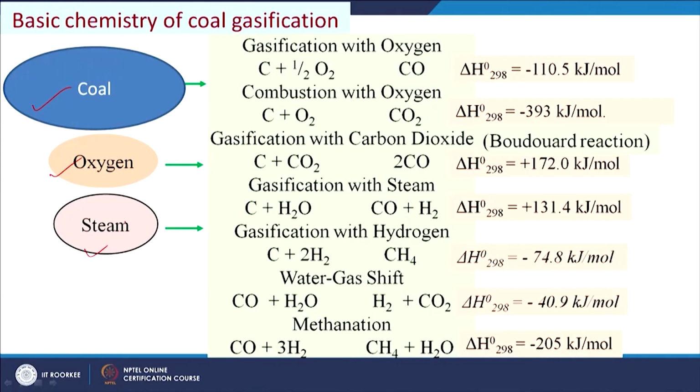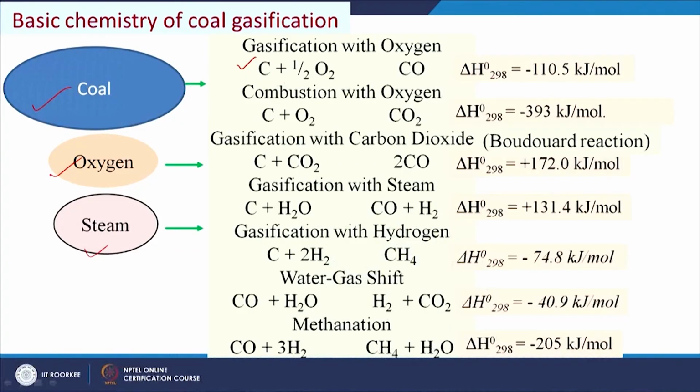Now, we will see the chemistry, what type of reactions take place in the gasification process. So, we have here feedstocks coal, oxygen and steam. Now, these schemes show us elemental reactions. The coal has carbon, hydrogen, oxygen, sulfur, nitrogen, etc., but we are considering the major component of the coal, that is carbon.